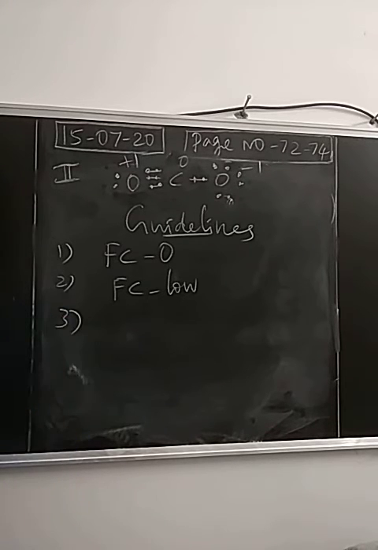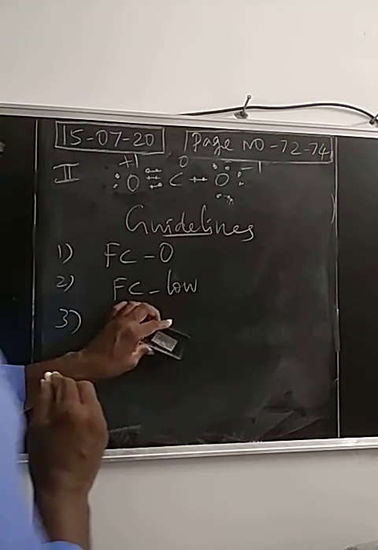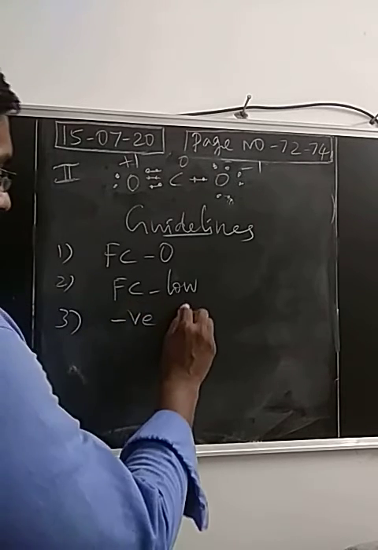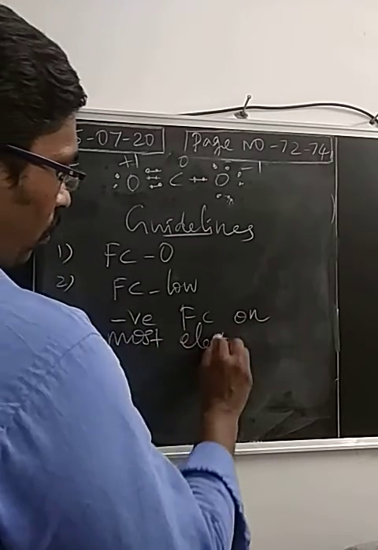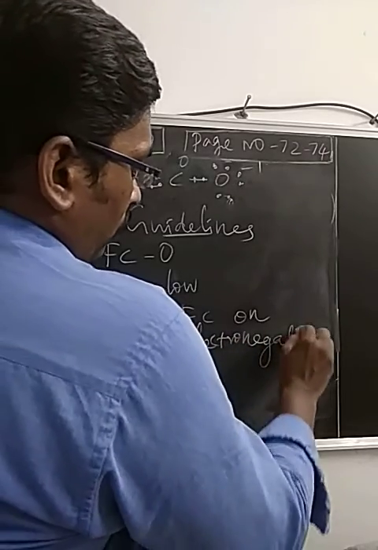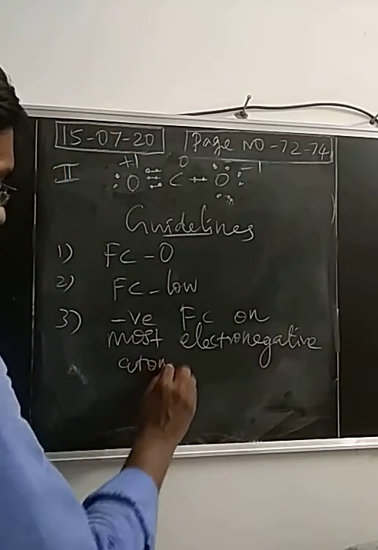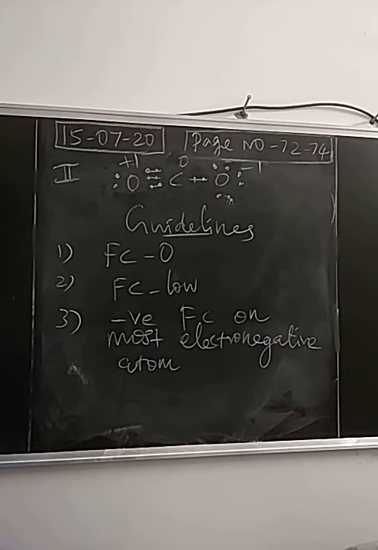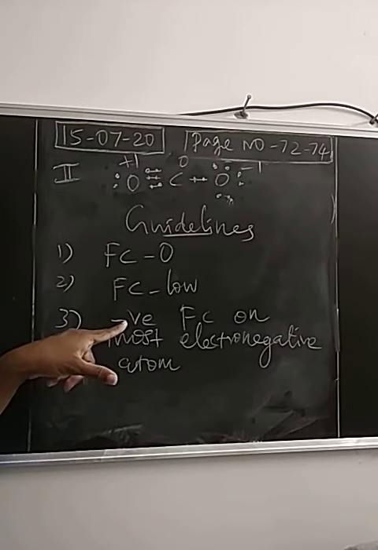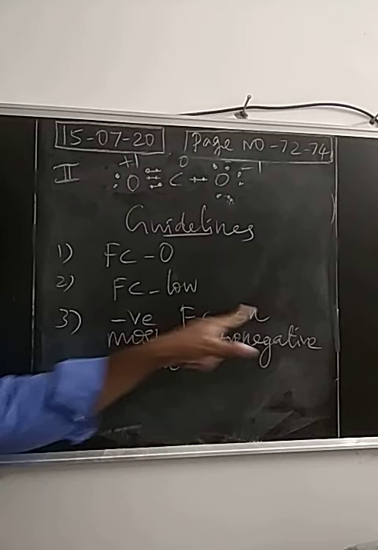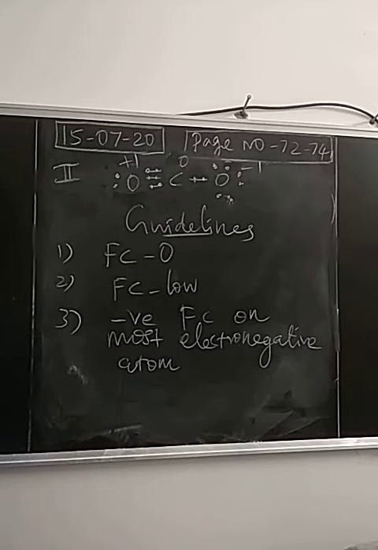Third one: if you have more than one structure possible, and the formal charge value is negative, and this negative charge is present on the more electronegative atom, that structure will be the preferred structure. So you have 2 possible structures. If the more electronegative atom has a negative formal charge, the structure will be the preferred structure.